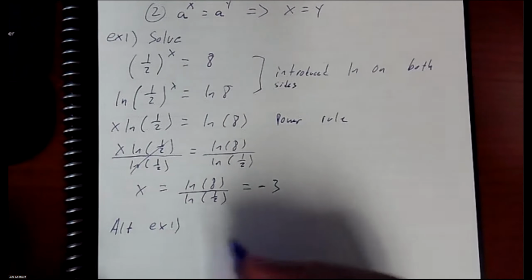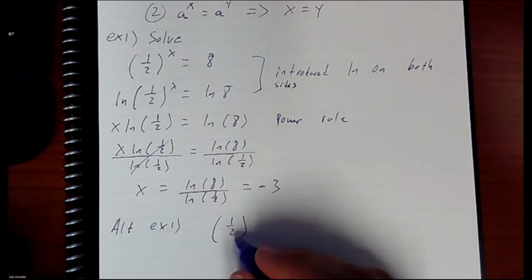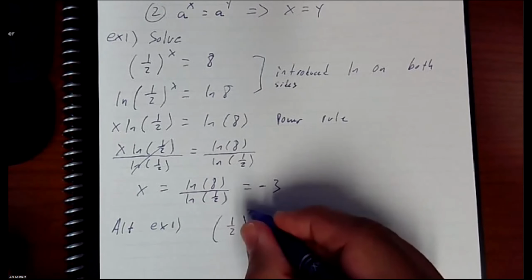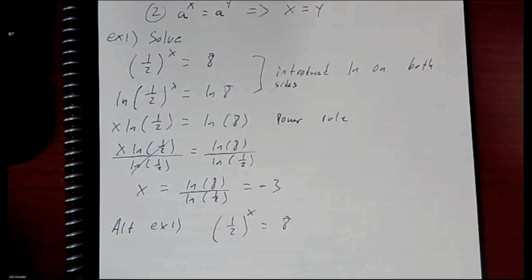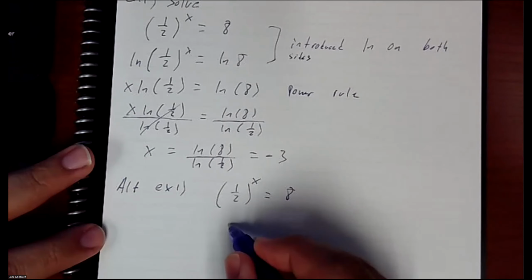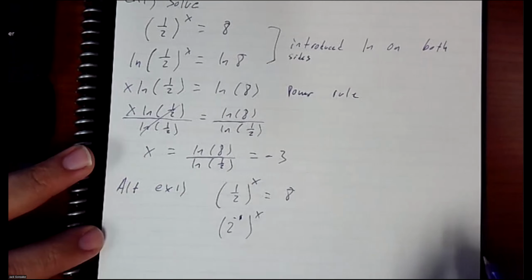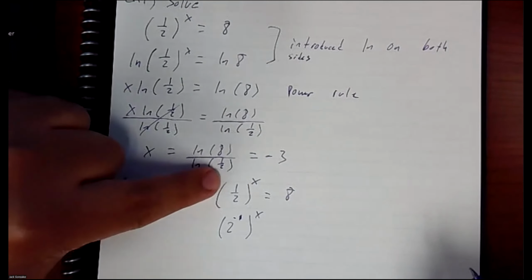Okay, so let's start over and say, you know what? 1/2 and 8 have the same base, so you should be able to match them. Right, 1/2 is technically 2 to the -1. Do you agree?